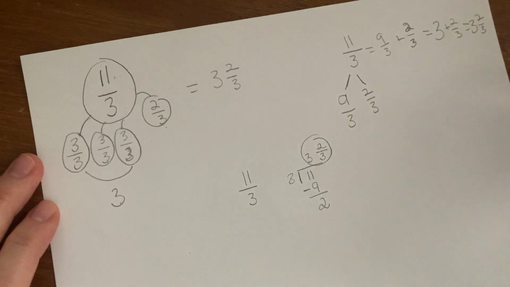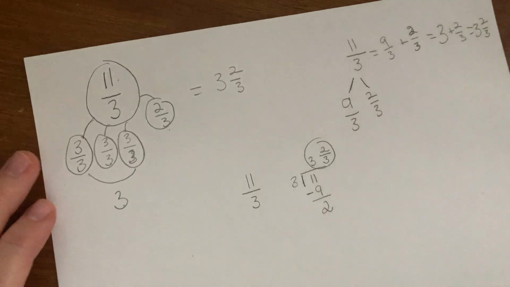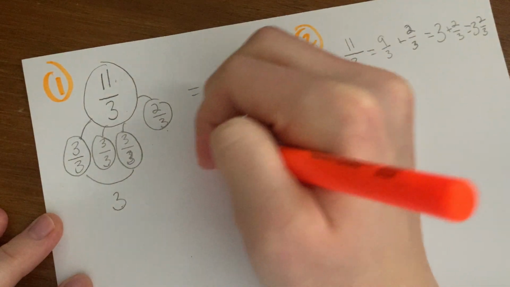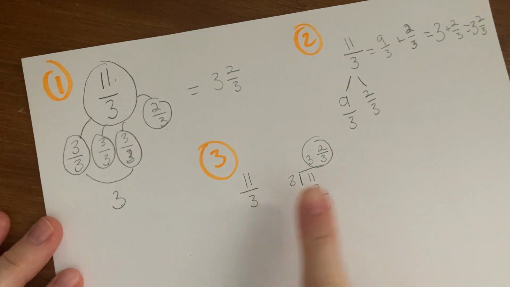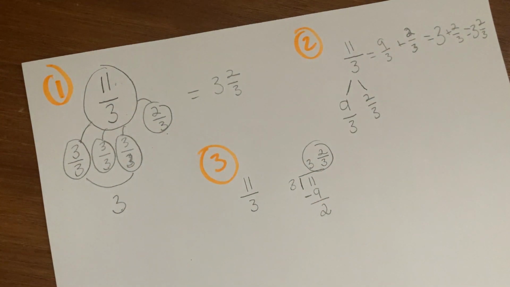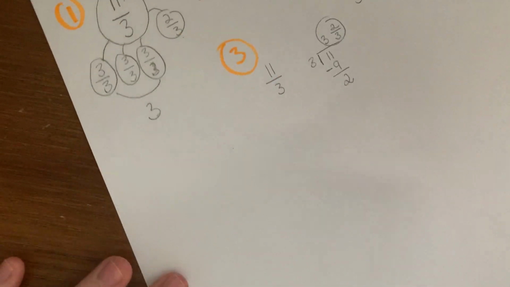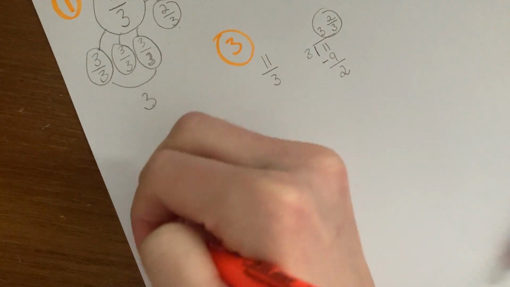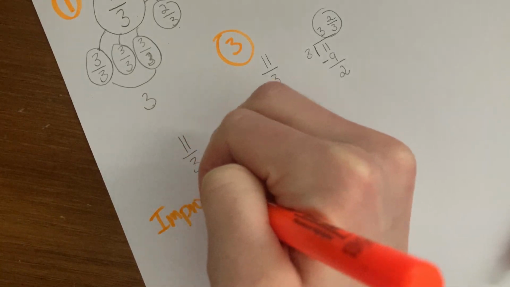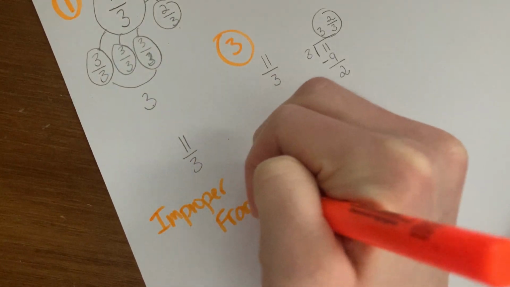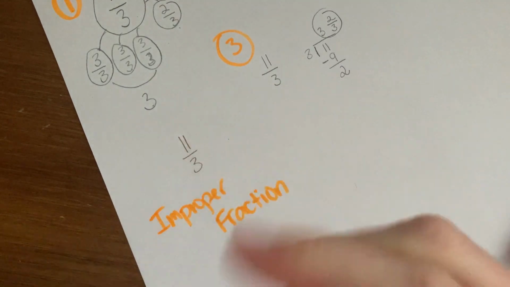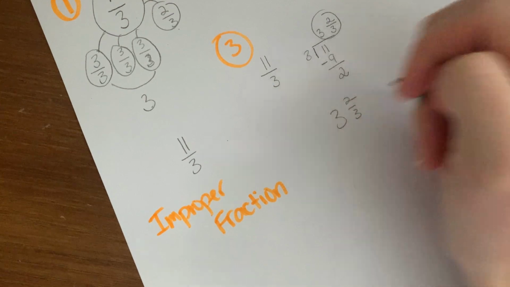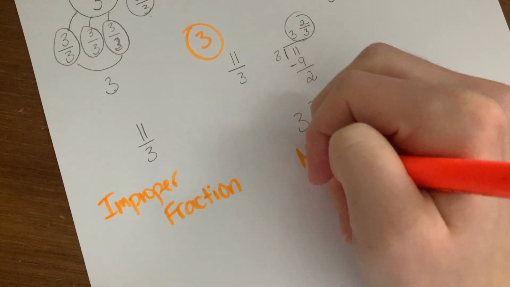So here are 3 different methods that you can use to find an improper fraction and change it into a mixed number, okay? So just a clarification, the 11 thirds is the improper fraction, and it's called an improper fraction because the numerator is larger than the denominator, and 3 2 thirds is the mixed number.